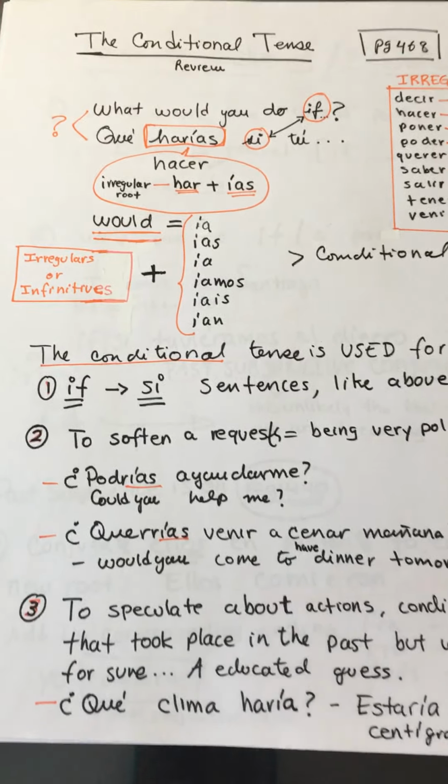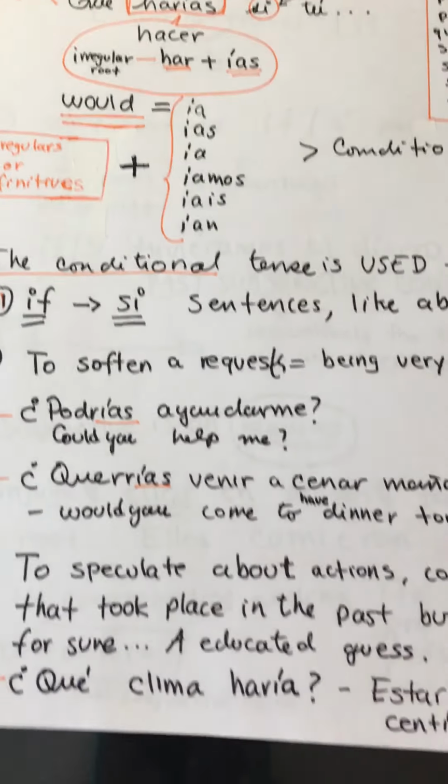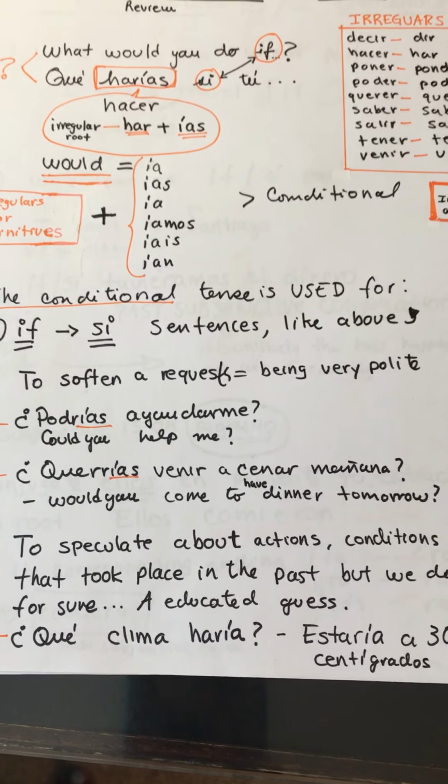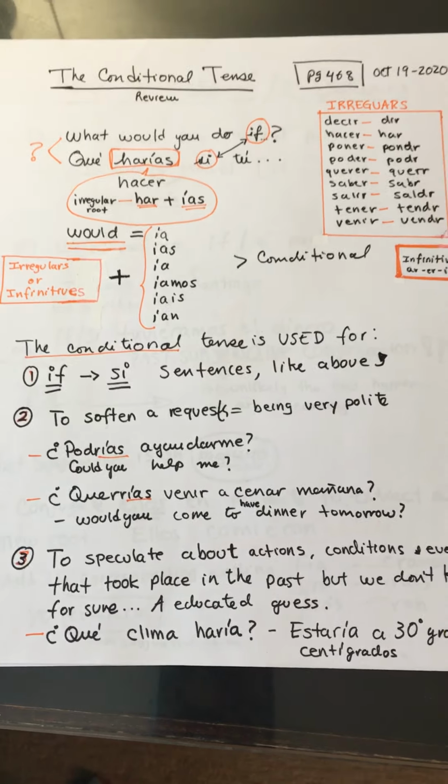The third use of this conditional tense is to speculate about actions and conditions and events that took place in the past about something that we don't know for sure. It's an educated guess. ¿Qué clima haría en Alameda ayer? Estaría a 30 grados centígrados.